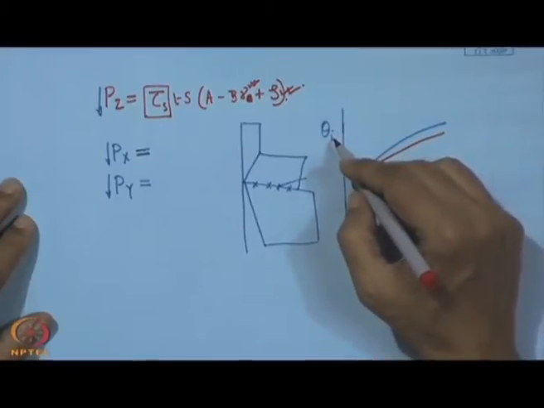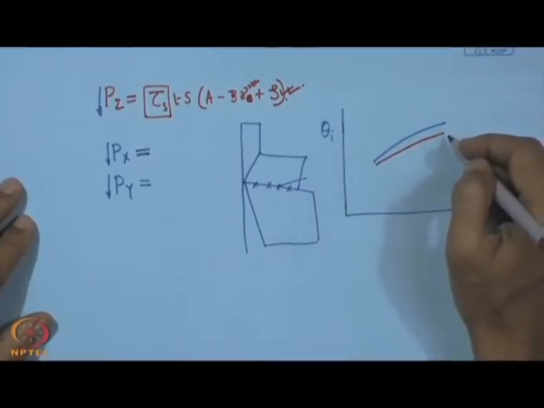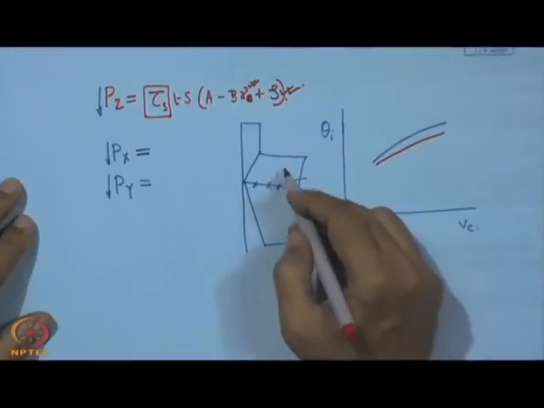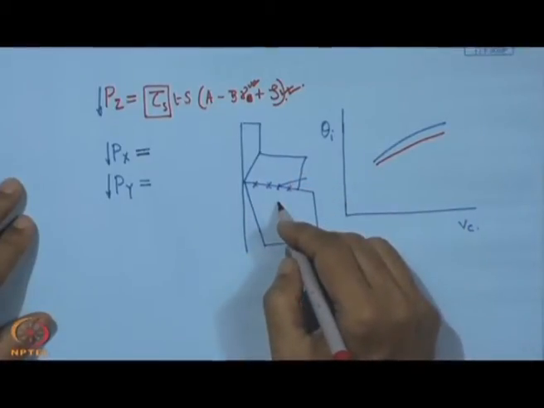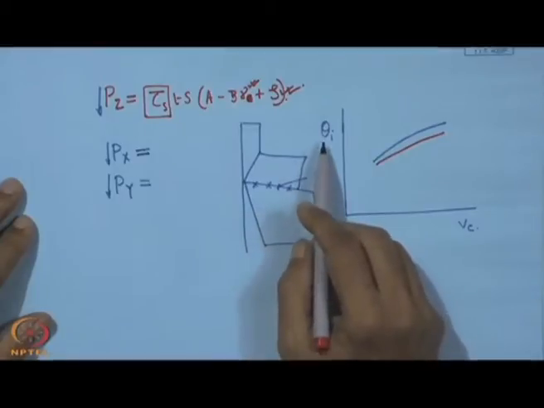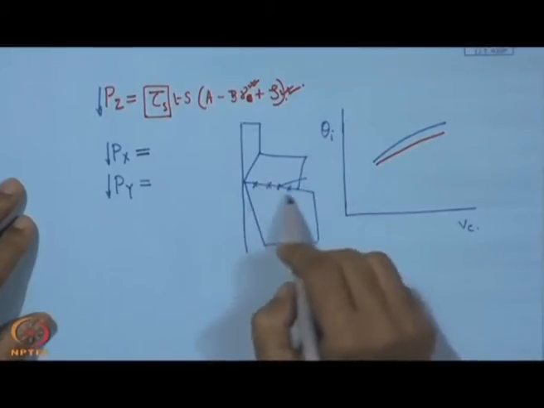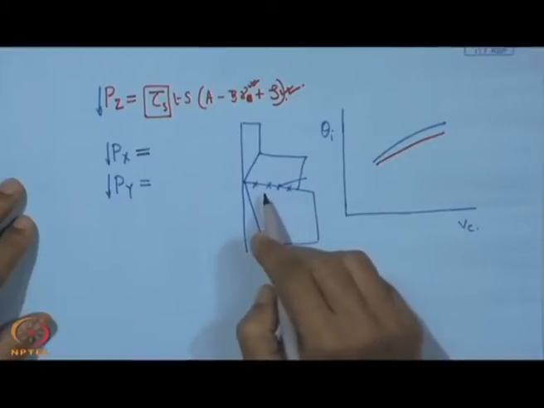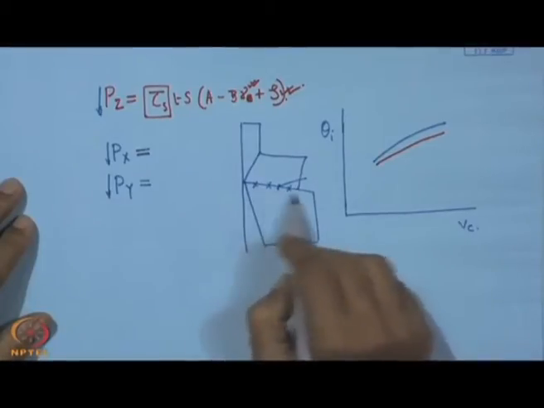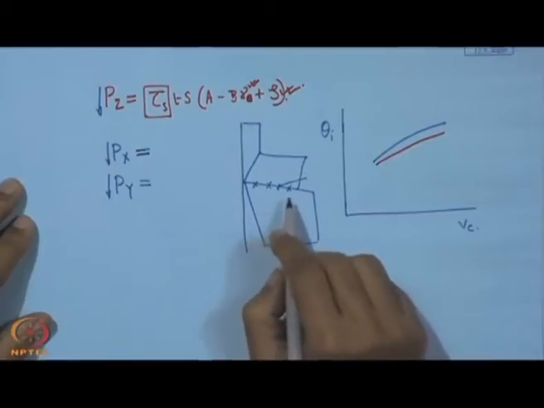So, this interface temperature, depending upon the work material and the tool material, will definitely be influenced by the secondary deformation at this point, because of this stagnancy. This is a stagnant zone.